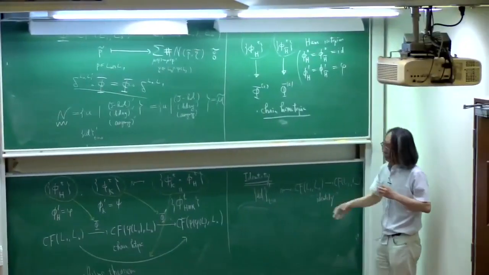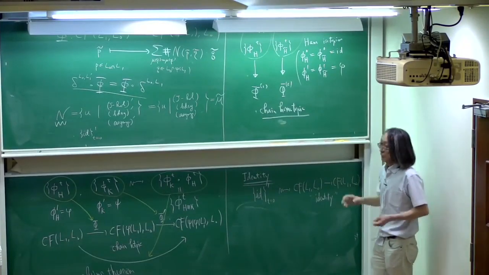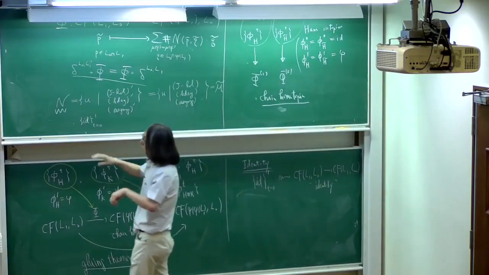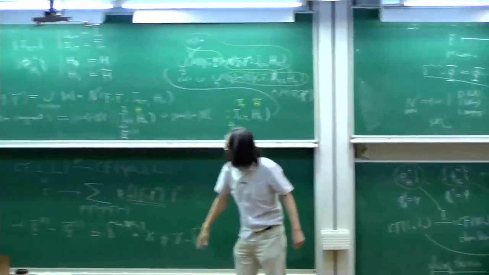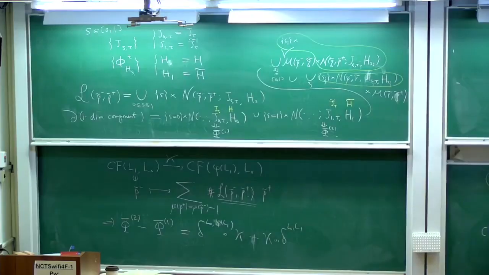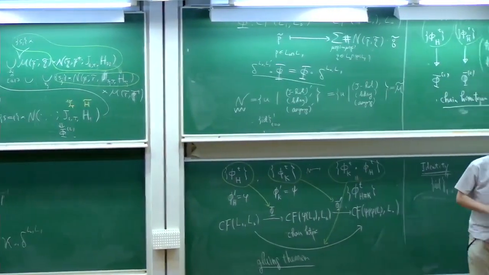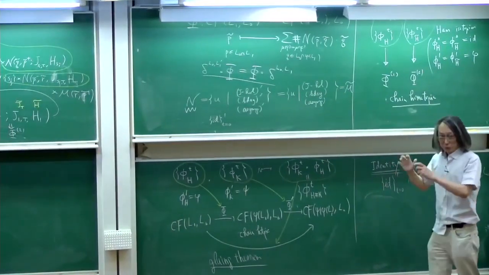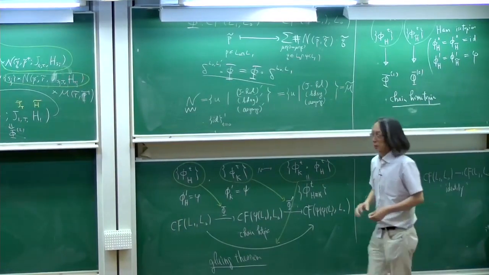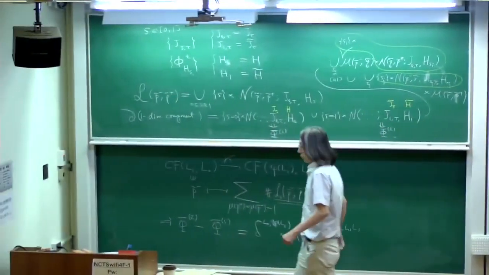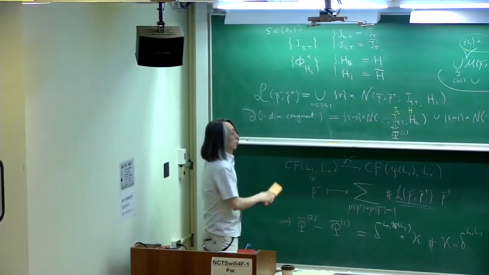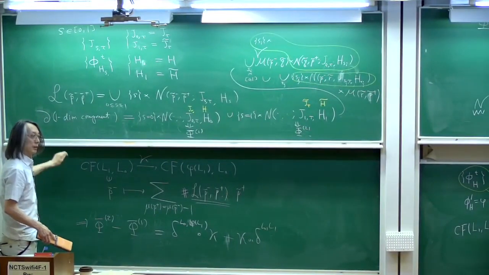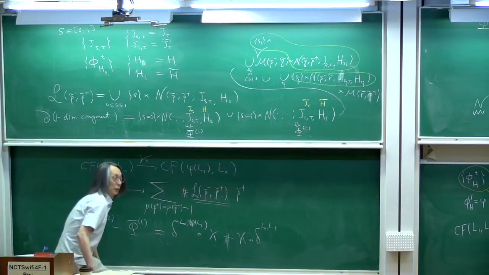If you use certain abstract techniques, then certainly you can avoid it. But for disks, it is not. So when I talk about this, everything actually may be obstructed. So this kind of story works if you don't have disk bubbles. So this is what I wanted to say about this basic strategy of Floer theory.